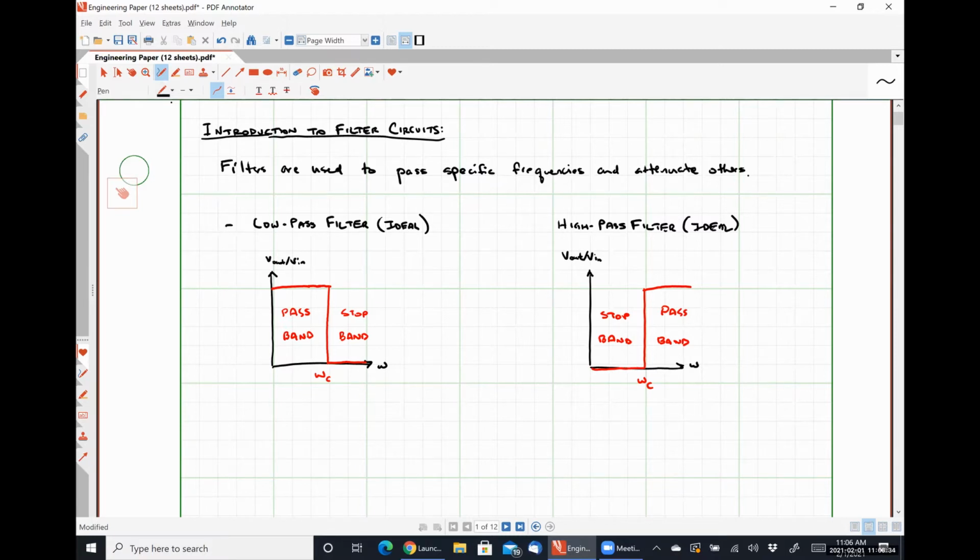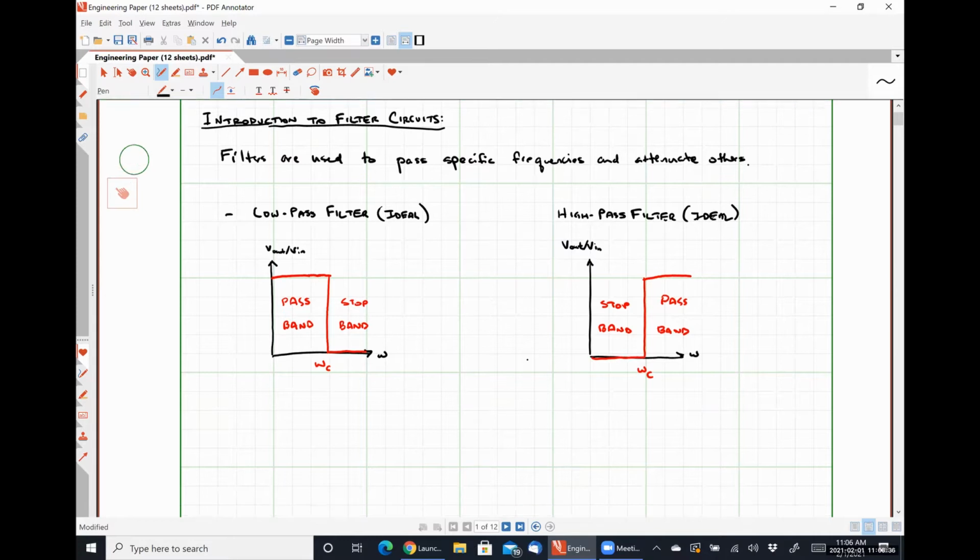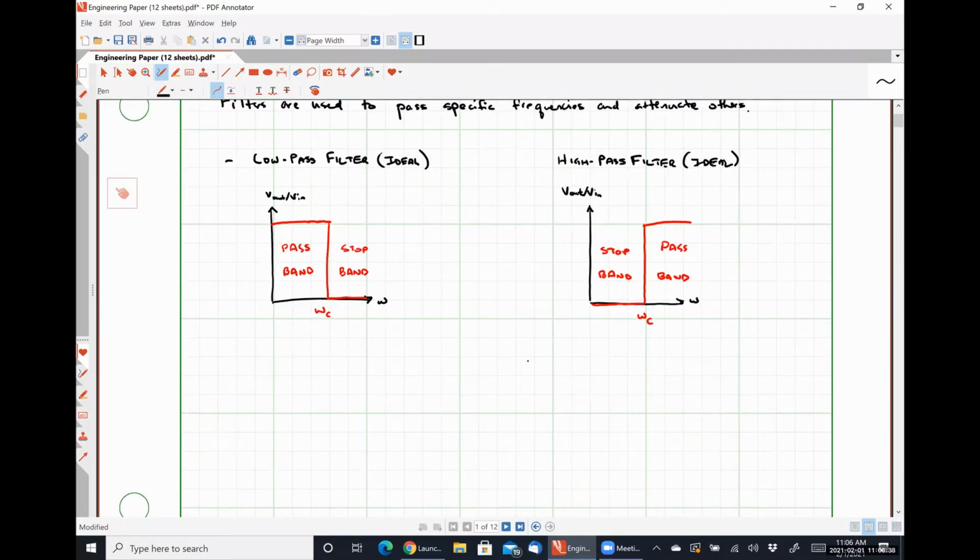Our second order filters are, let's say, the band pass filter. We'll look at an ideal one of these.